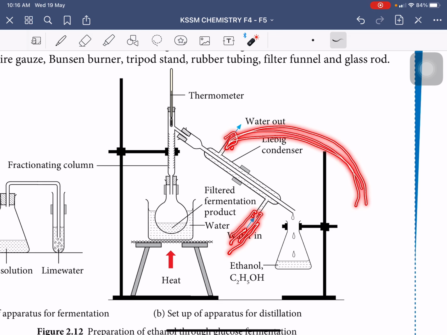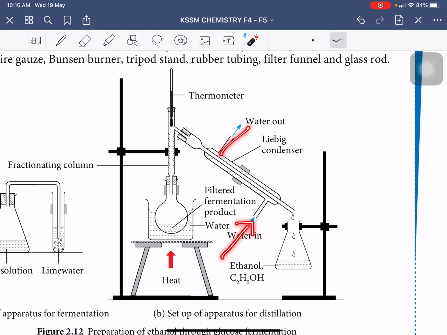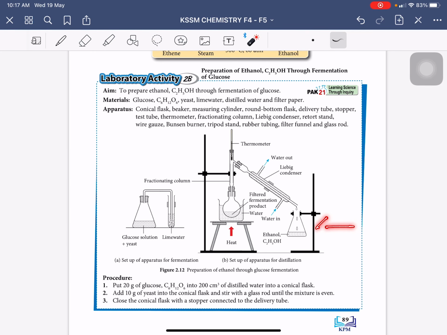Ini air keluar ke dalam sinki. Remember, water in bawah, water out atas. Atas sebenarnya masuk dalam sinki. Kenapa begini? Because we want to have pure ethanol that will drip into the conical flask. I will attach a video on this one also, so please do watch the video.